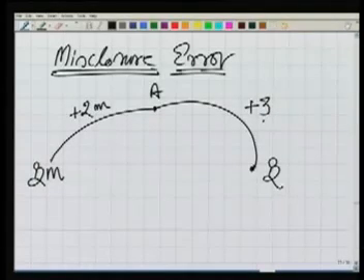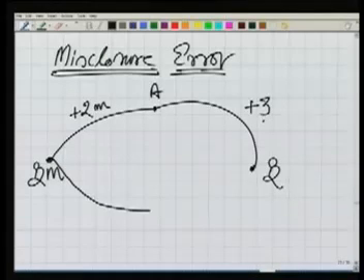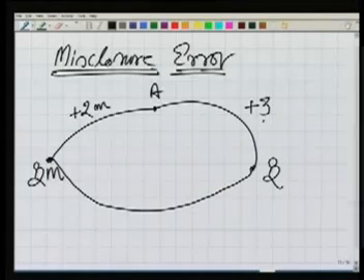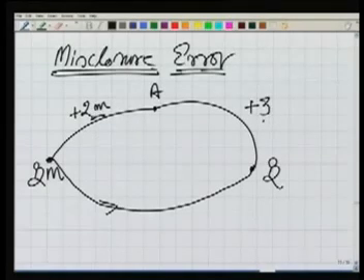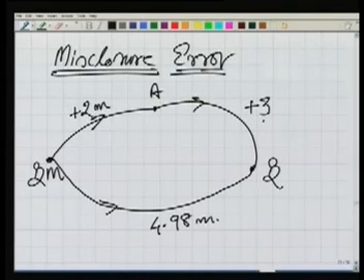Now I am also observing the difference between benchmark and B directly. I can do the leveling along BM to A, then A to B, and also BM to B directly. And what I found is that the difference in elevation between benchmark and point B is 4.98 meter.